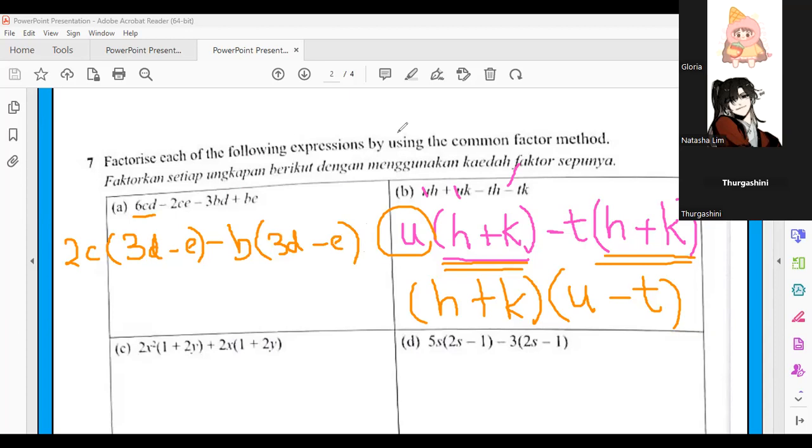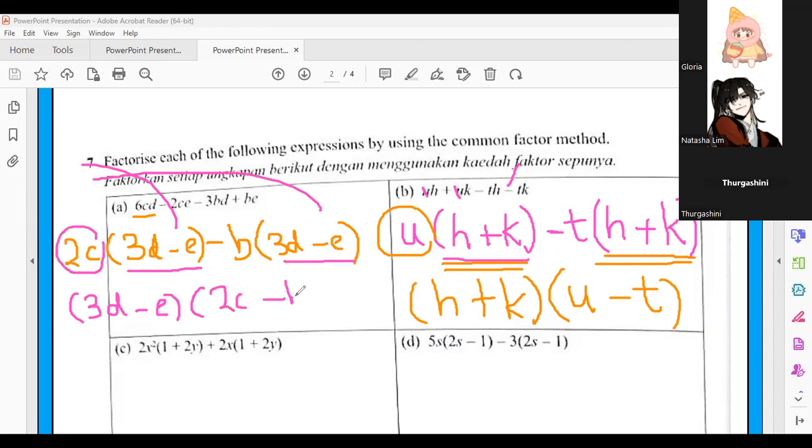Now, do you see? I also forgot just now earlier. 3D minus E, 3D minus E. This can be factored out. So now I will take out the 3D minus E, and then put in what's left, which is 2C minus B.